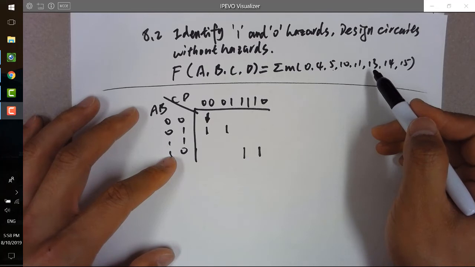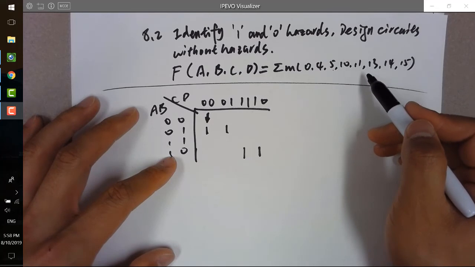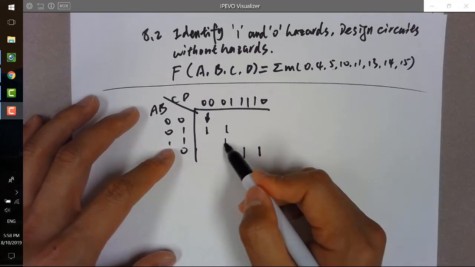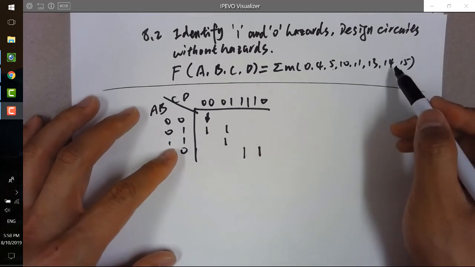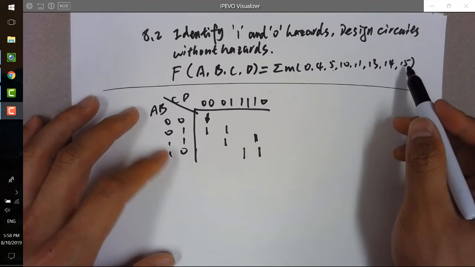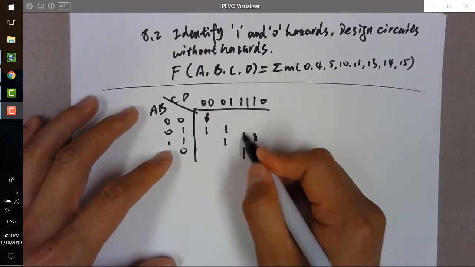Is that 1, 1, 0, 1? Yes. 14 is 1, 1, 1, 0, and 15 is 1, 1, 1, 1. Okay.